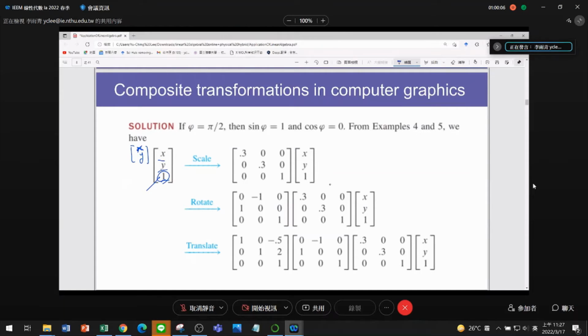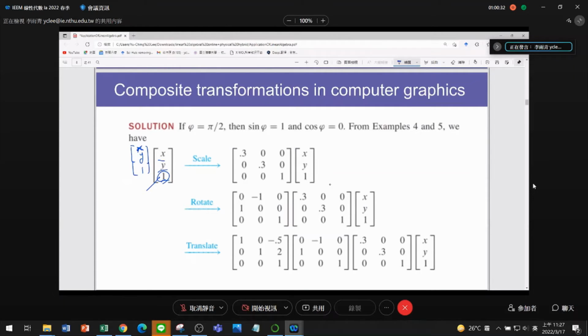But in order to make the translation operatable, like doable, we need to create homogeneous coordinates to add one more element in its third dimension.